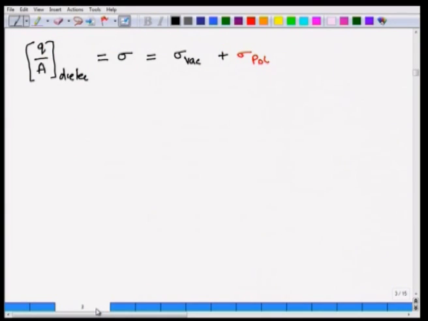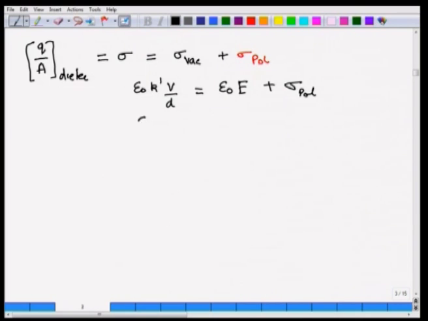So, if that is the case, then we are going to write this quantity, epsilon naught K prime V by D, as equal to epsilon naught E plus sigma polarization, due to polarization. What is this quantity V by D? Of course, it is the electric field.